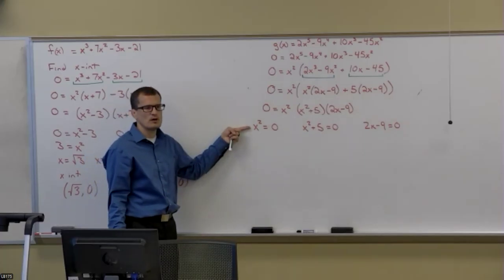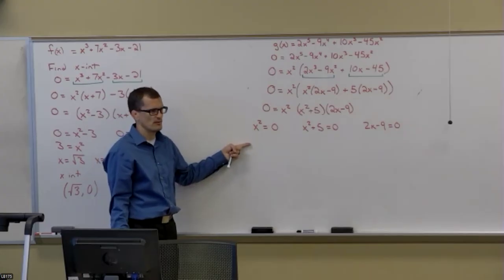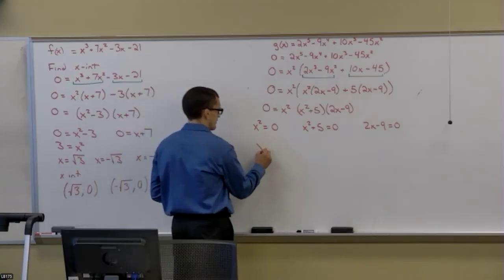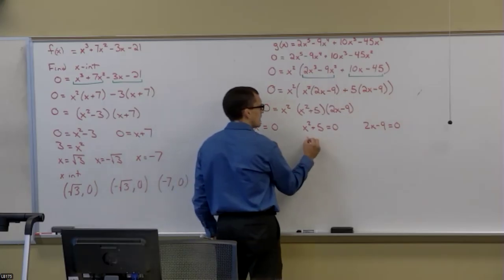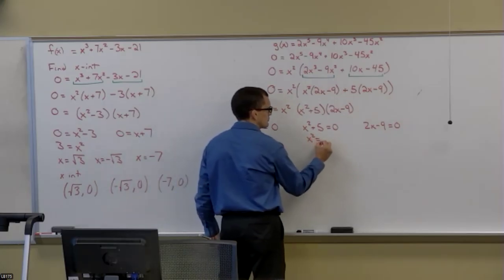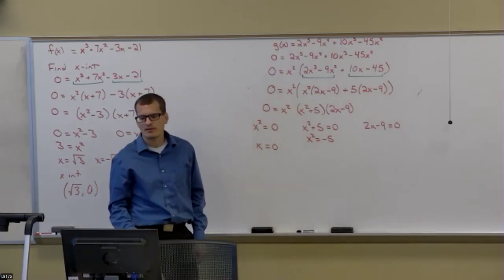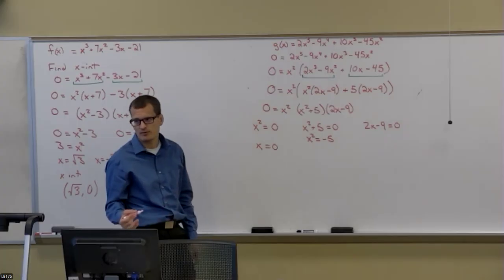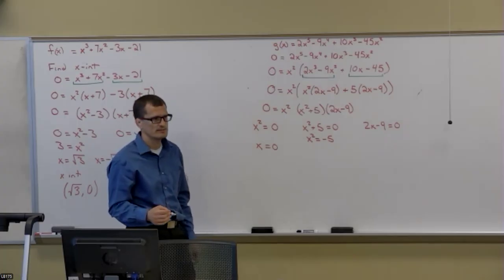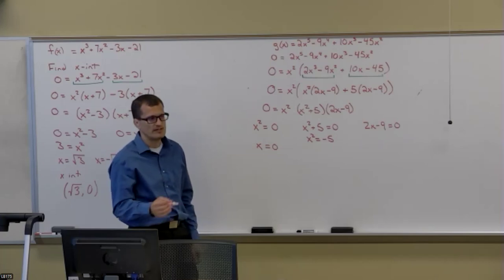To solve this one, we take the positive and negative square root of 0. That's just 0. So we get x equals 0 here, the only answer. For this one, we'd have x squared is equal to negative 5. If I take the square root of negative 5, I get an imaginary number, root 5 times i, or negative i times root 5 if I take the negative square root.